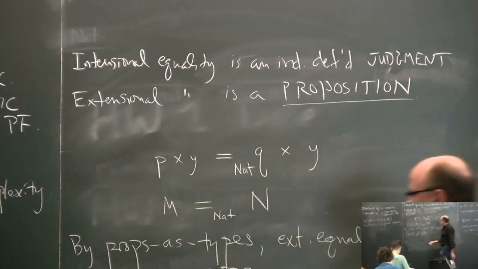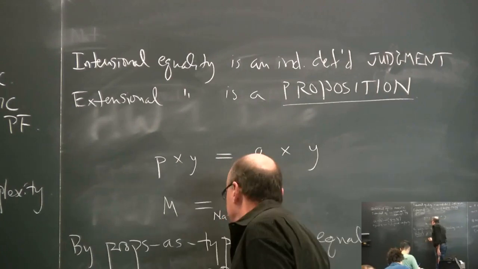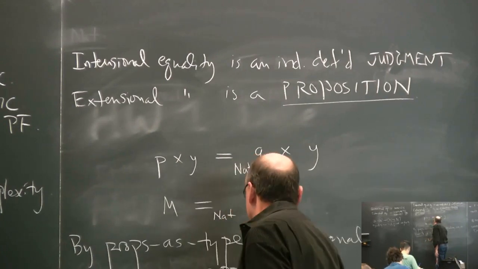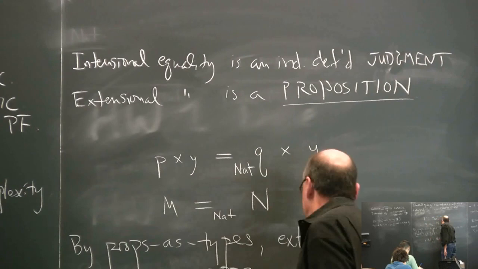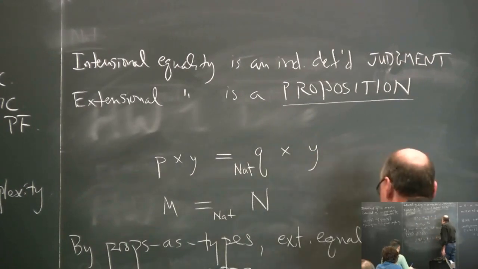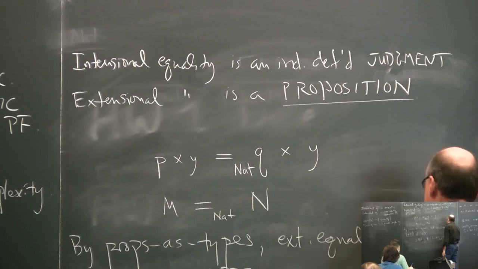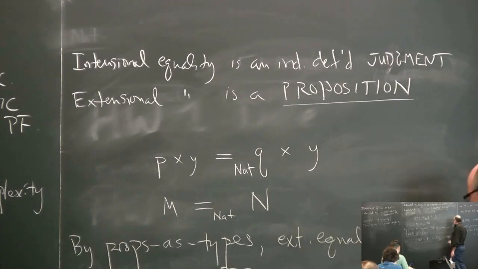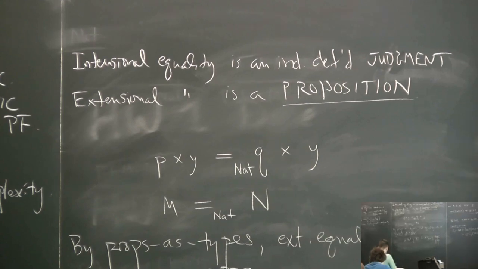That is, for every x in N, every y in N, we will have that x equals_nat y is a type. I could just as well have said prop, because from my perspective, those are just synonyms.